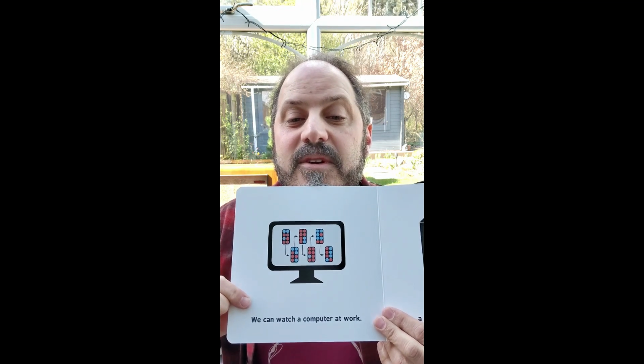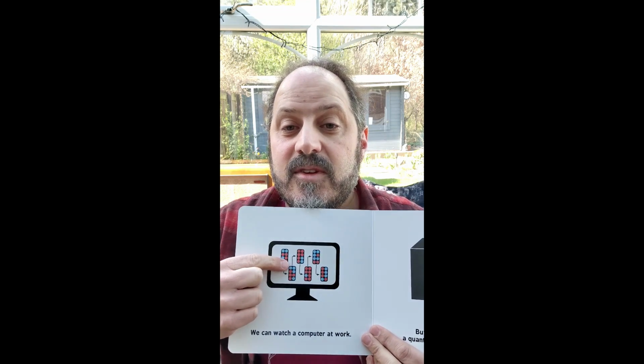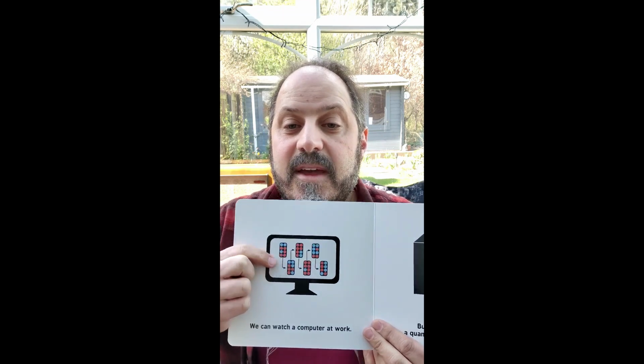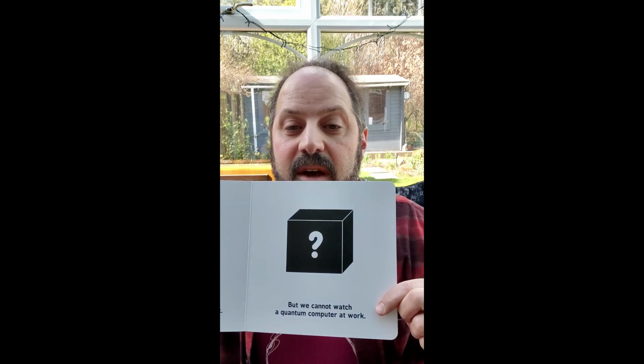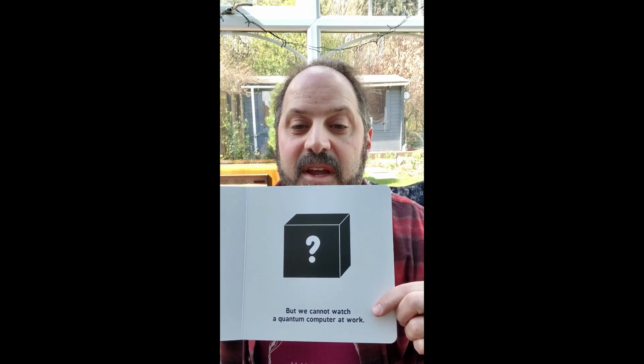We can watch a computer doing its work as it's computing, and it can provide us answers or even partial answers along the way if we do it right. But we cannot watch a quantum computer at work because all we can do is give it the question and get the answers, because that is how quantum mechanics works.